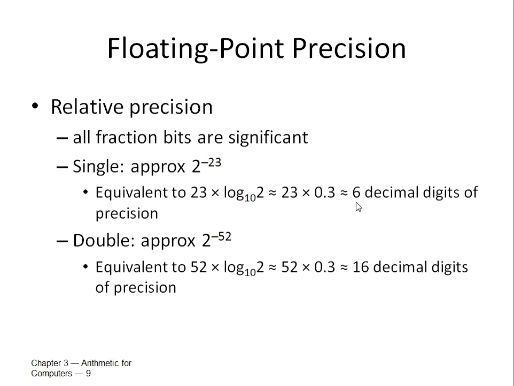Another way that I prefer to show is every 10 decimal digits is 3 digits in binary, and 3 digits in binary, 2 to the 3rd is 8. It's pretty close to 1 decimal digit. So 10 gives me 3, and 3 gives me 1. So this gives me 3 plus 3, 6, plus this gives me another 1, so it's 7.